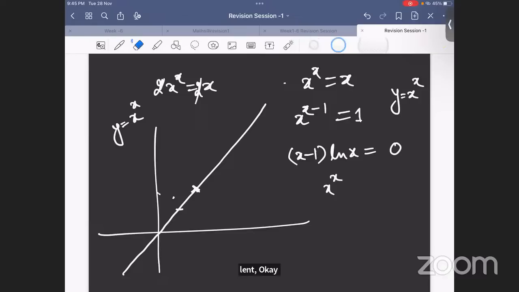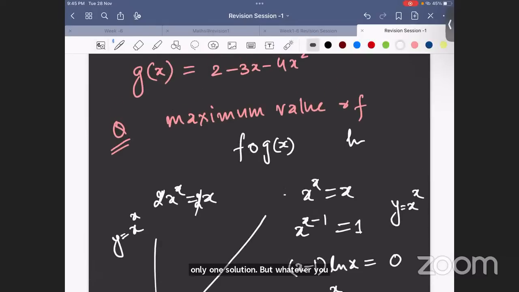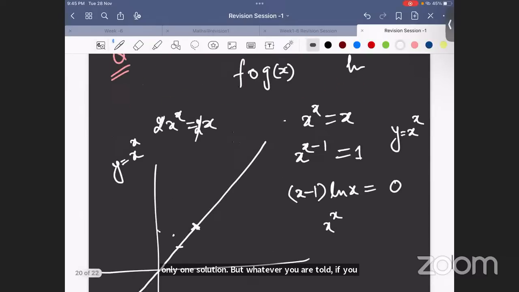From the log, if you are solving, I think you are getting only one solution. But whatever you have told, if you are using the hit and trial method, then you can get the two solutions. I need to check it.